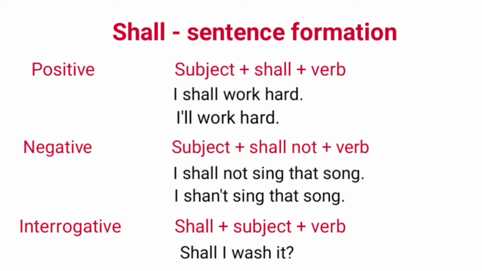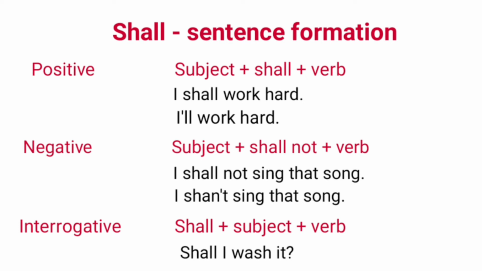Different forms of sentences with shall are positive, negative, and interrogative. Sentence formation for positive sentences: subject plus shall plus verb. Example: I shall work hard. Contracted form of I shall is I'll.